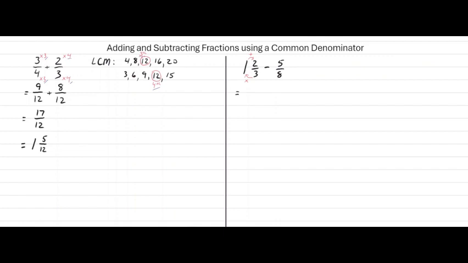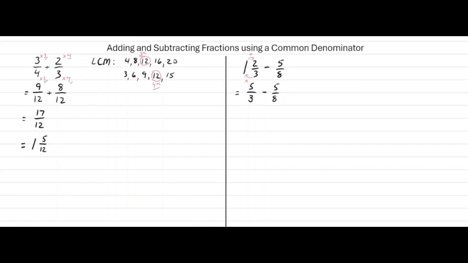The denominator stays the same, so we're still going to deal in thirds. 3 times 1 is 3, and then we're going to add 2 more, which is 5. So 5/3 is that as an improper fraction. And we'll leave the 5/8 there.